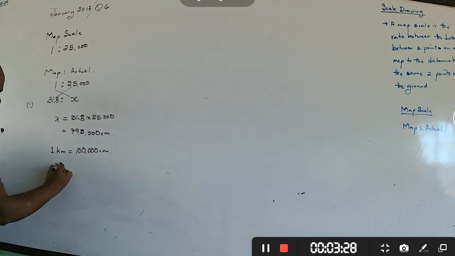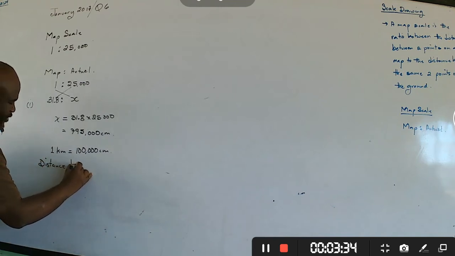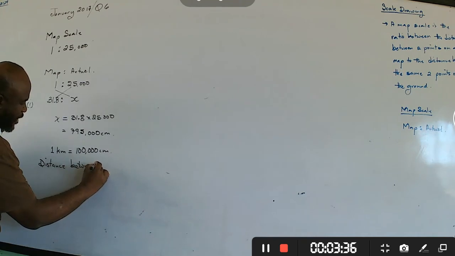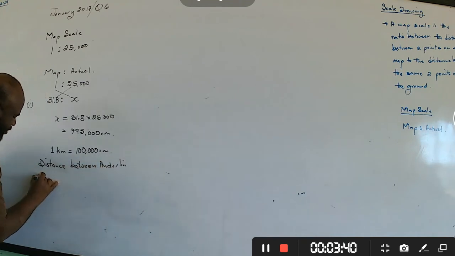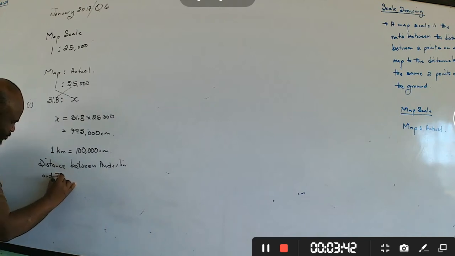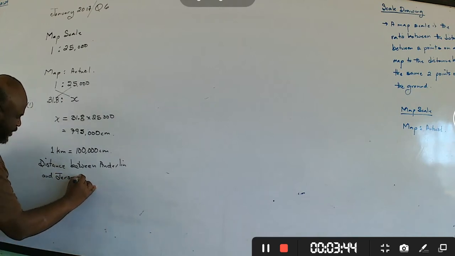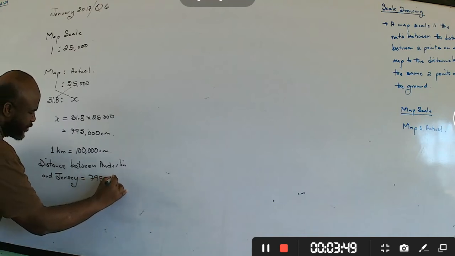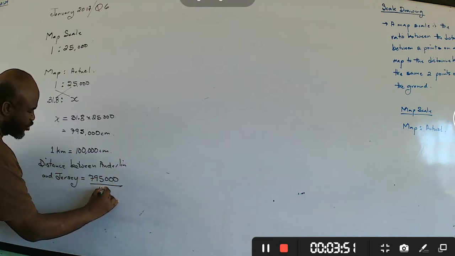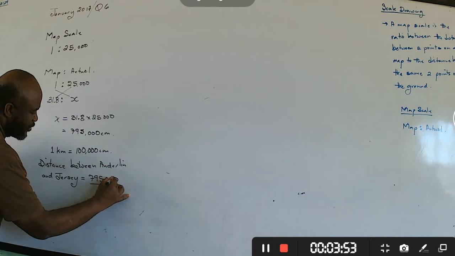So, x, or the distance between Andelin and Jersey, is equal to 795,000 divided by 100,000.